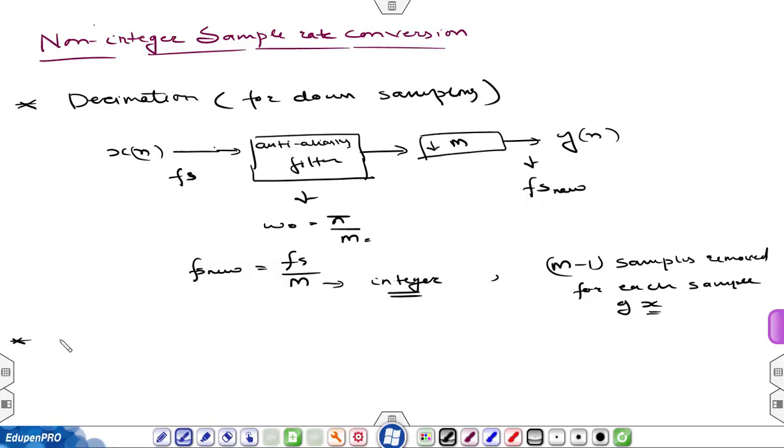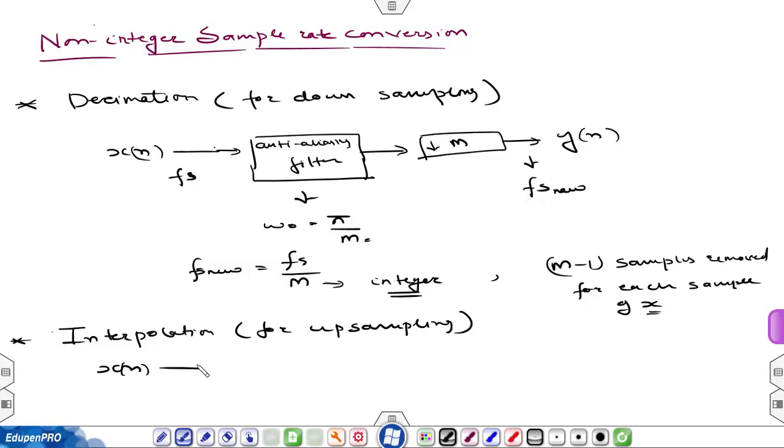And then we discussed interpolation, that was for upsampling, increasing the sampling rate. The input signal x[n] was first given to an upsampler that will increase its sampling frequency by a factor L, and because of that spectral images will be created.